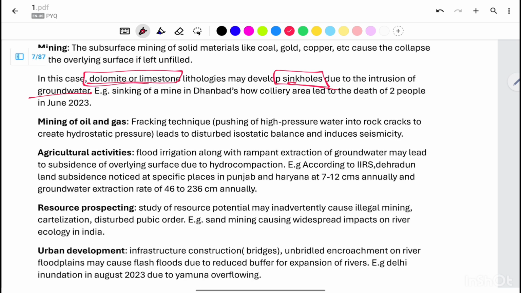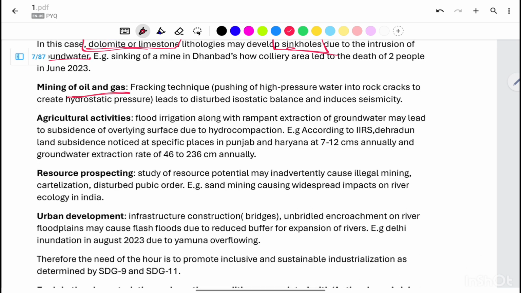Intrusion of the groundwater. Mining of oil and gas. Fracking technology is pushing high pressure water into the rocks. High pressure water is pushed into the rocks, therefore the oil is going to flow out, right? High pressure water is pushed into the rock cracks to create a hydrostatic pressure, which is what we call fracking technology.